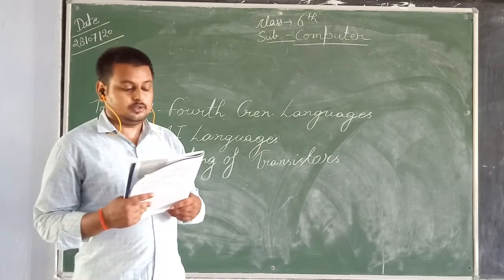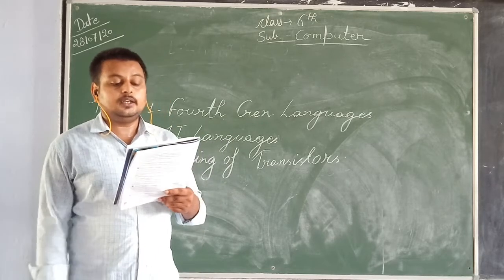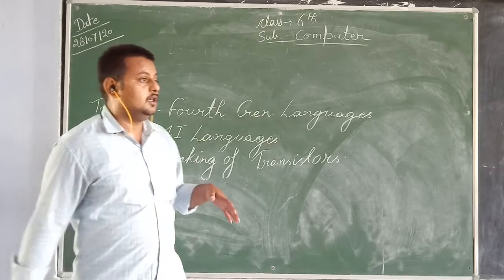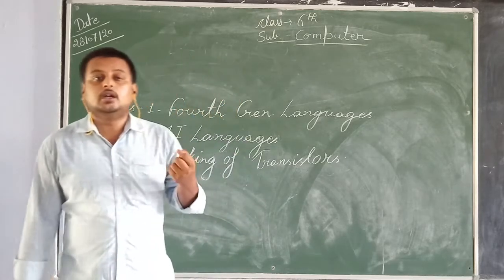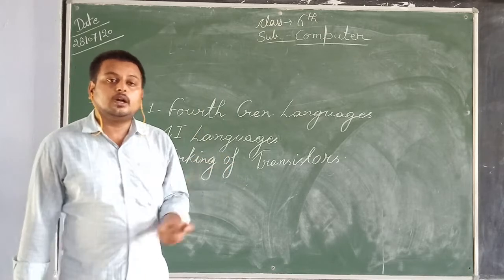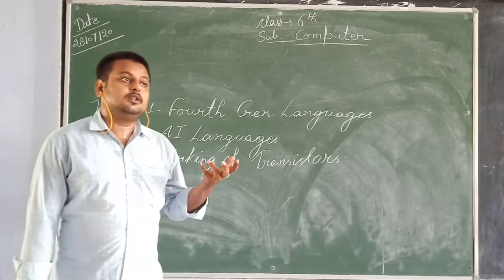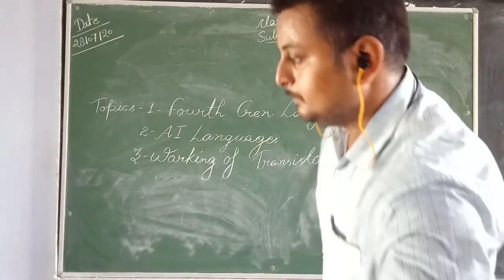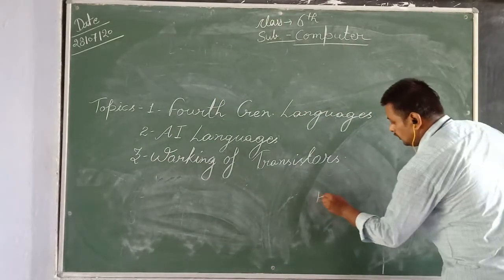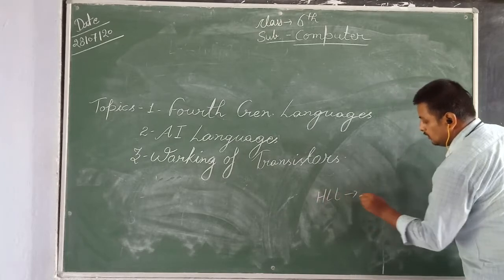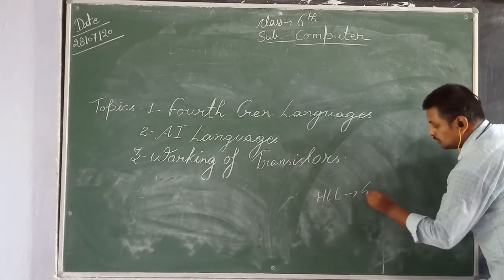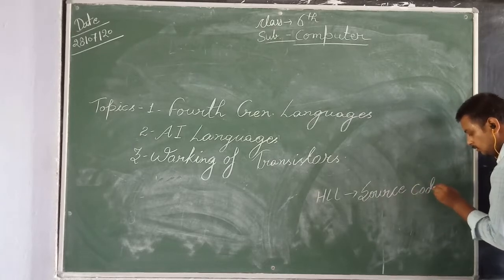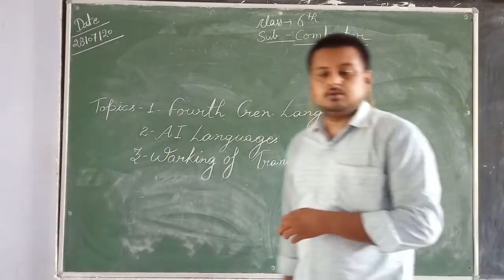Okay, now a program written in a high level language is called source code. If we are writing code, doing programming in a high level language, it will be called source code. As you can see here, the HLL, high level language, is the source code.